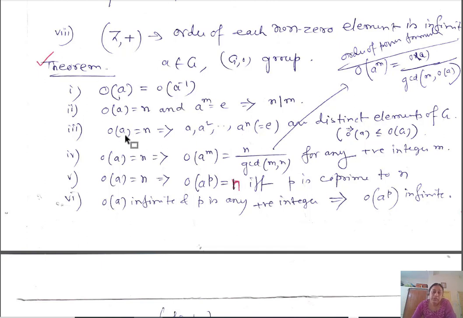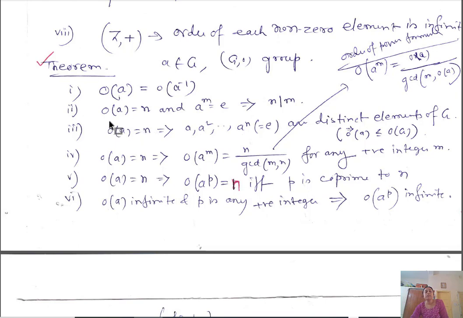The next one is, if the order of a is n, then a, a square, up to a to the power n, where a to the power n is e because n is the order, are all distinct elements. Here it can also be proved, because if you assume two of these elements are equal, you get a contradiction.